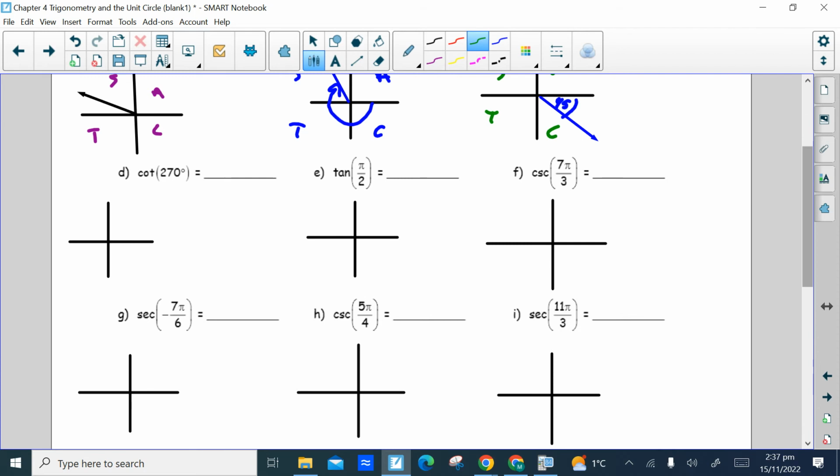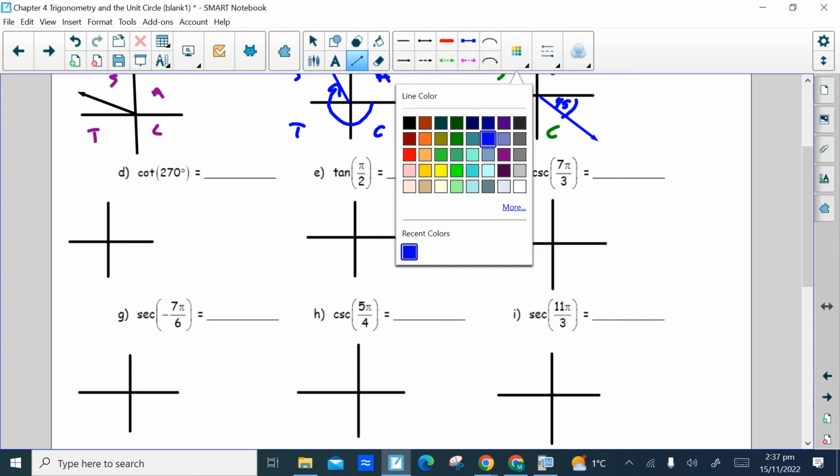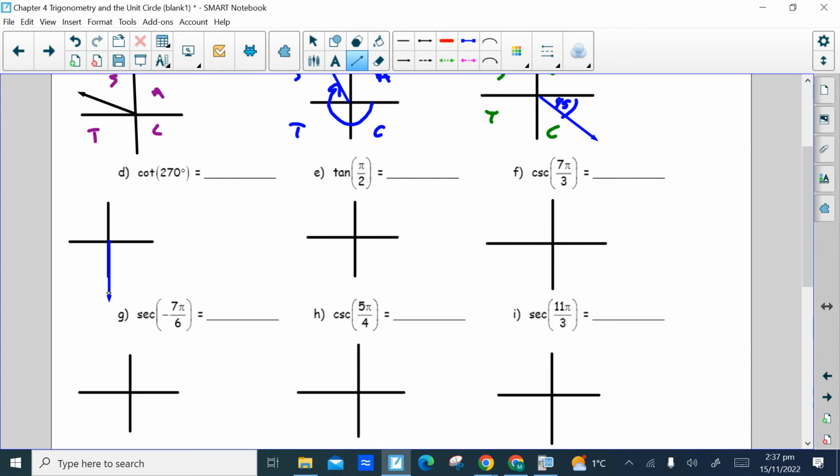The cotan of 270, well, that's on our unit circle, 270. It's right there. And down there, the coordinates are 0, negative 1. The tangent is sine over cos, which is negative 1 over 0. That's undefined, but the cotan would be cos over sine, 0 over negative 1, which is 0.